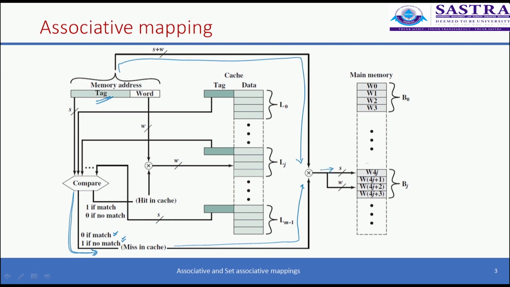The block is fetched and placed in any one of the cache lines using some replacement algorithm, and then the intended address will be read by the processor. This is fully associative mapping.